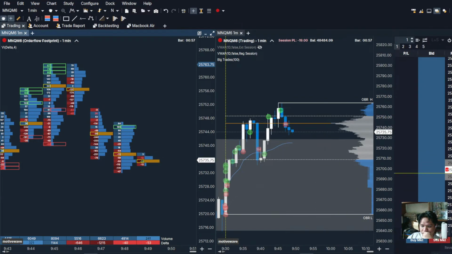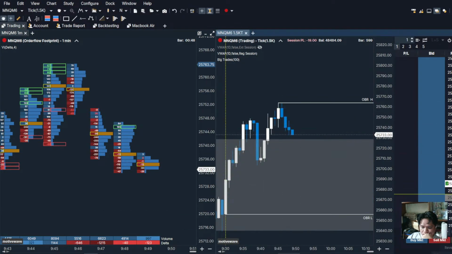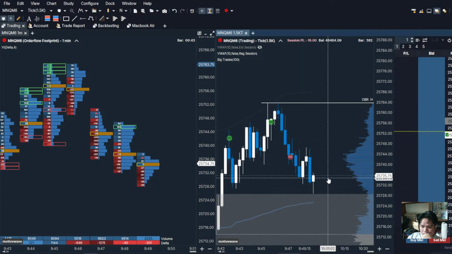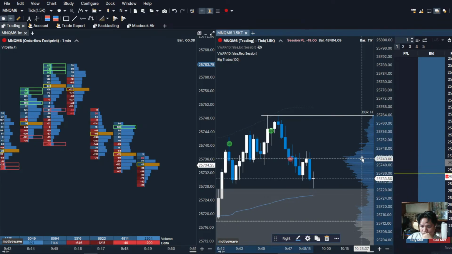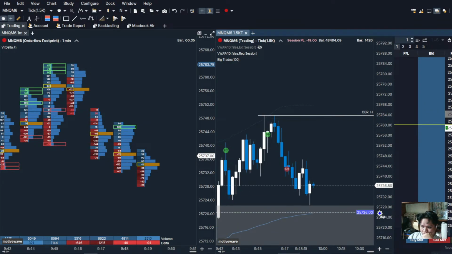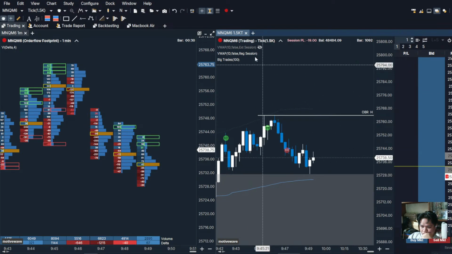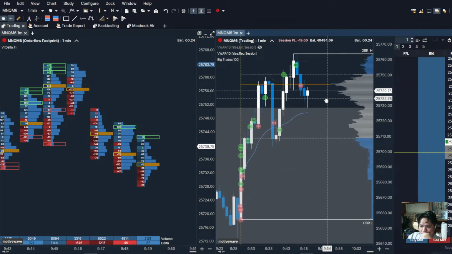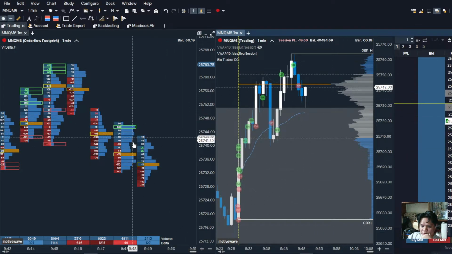That's a nice one. I want to see a pullback. I see absorptions happening around this area.